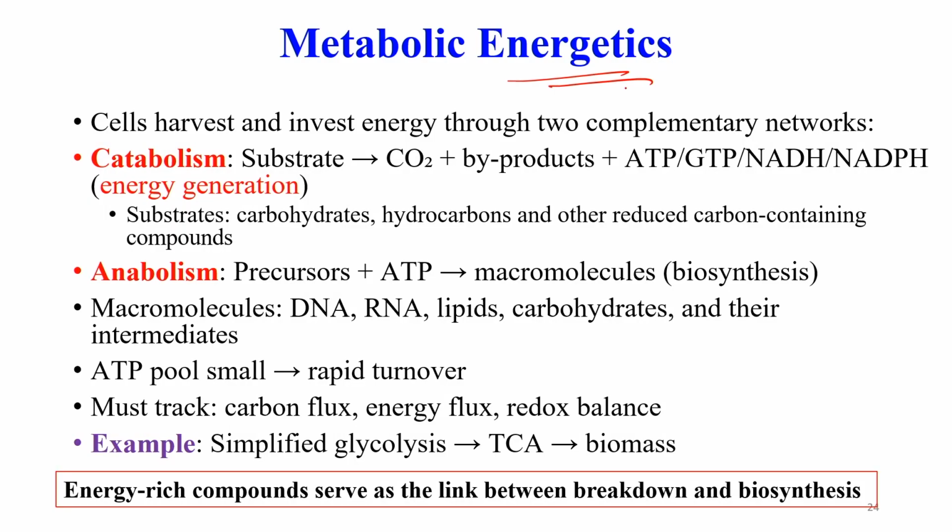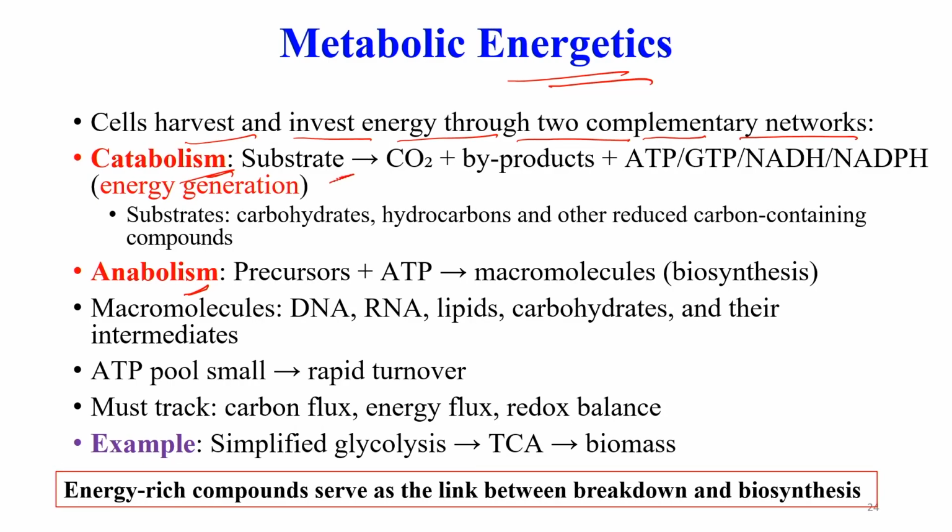Before going ahead, we will discuss very briefly the metabolism. Metabolism is a set of biochemical pathways through which the cells harvest and invest energy through 2 complementary networks. The first one is catabolism and the second one is anabolism. Catabolism means breakdown.